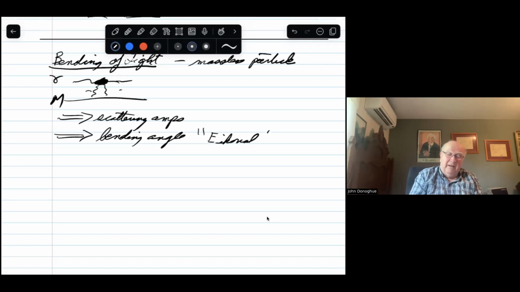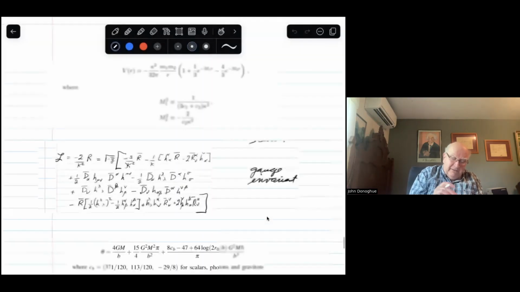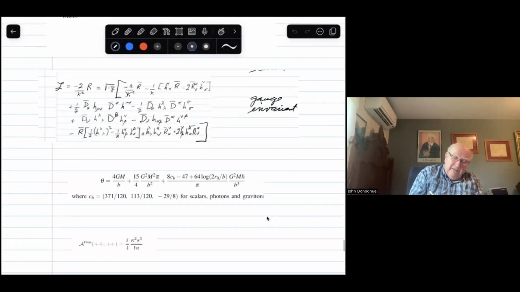which again I won't explain, but they're basically techniques derived from geometric optics, where at large impact parameters you can take an amplitude and turn it into a bending angle. And let's see, I have the results.